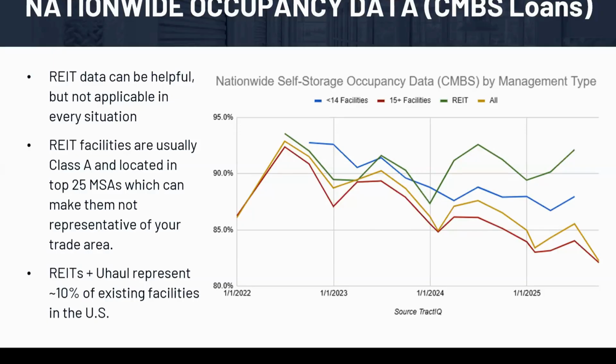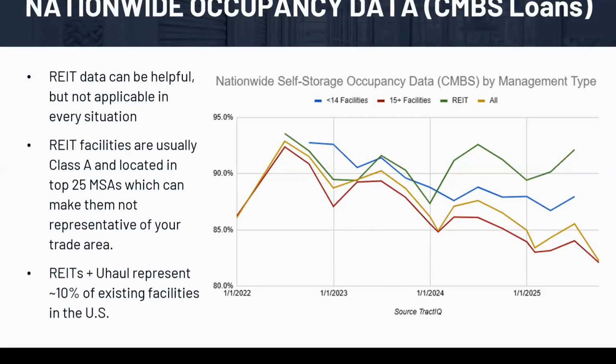So this is about 4,000 facilities of occupancy data since 2021. We also get their in-place financial statements, so we can look at achieved rents and stabilized NOI, but that is not the conversation on today's webinar. Today, we're going to talk about occupancy.